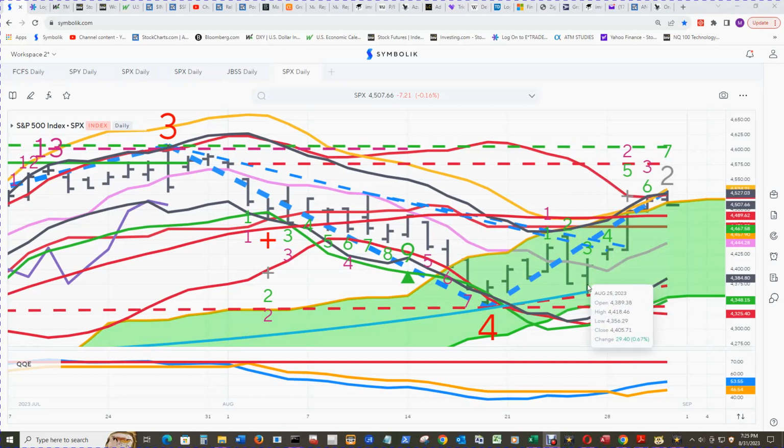And the sell TDST will reprint to this low here, 4356.29. Right now it's at 4151.28 for the sell TDST on the daily chart. So that will be a tremendous lift to that and raise the floor quite significantly to here.